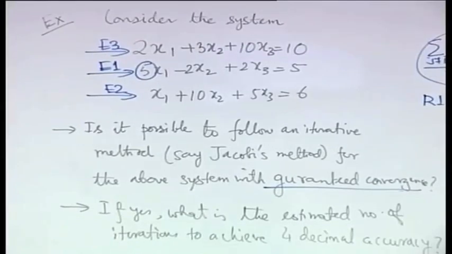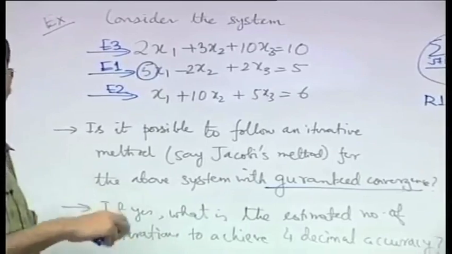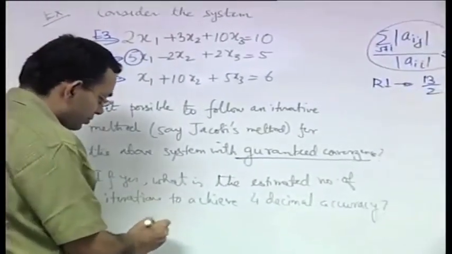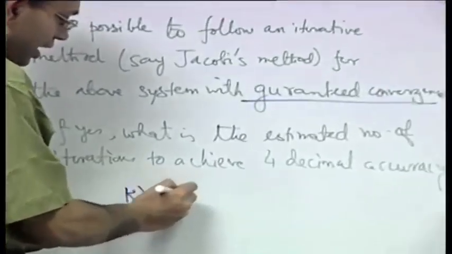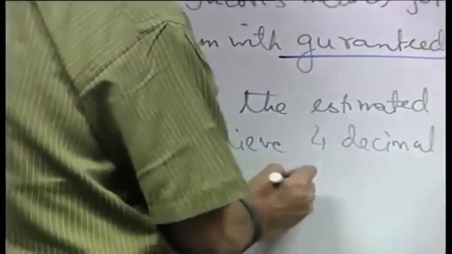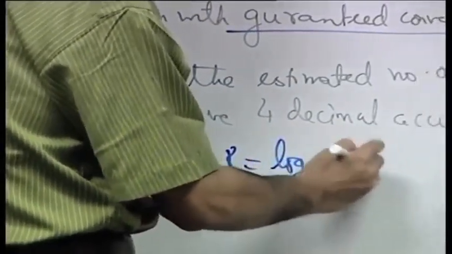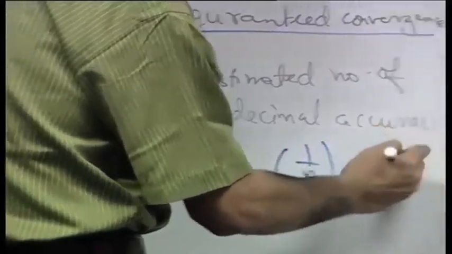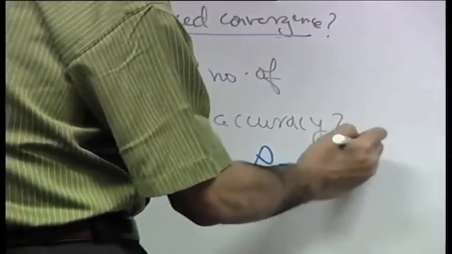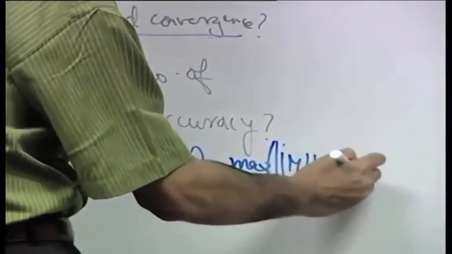Then the next part is very straightforward. Let us not move into it in more details, we will just use the formula k greater than m by the rate of convergence. So, for the rate of convergence, that is log 10 1 by rho, and for rho you can take as maximum of either the row sum norm or the column sum norm.